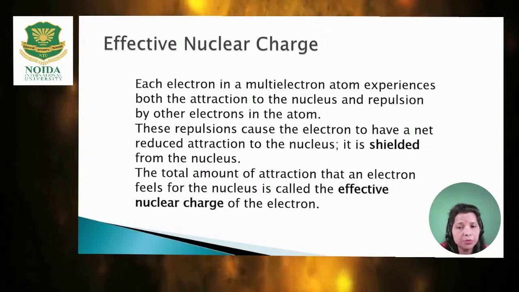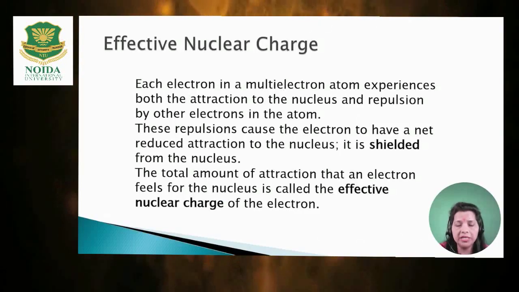Now the first property, that is the effective nuclear charge. The definition of effective nuclear charge: each electron in a multi-electron atom experiences both the attraction towards the nucleus and the repulsion due to the presence of other electrons in the atom.